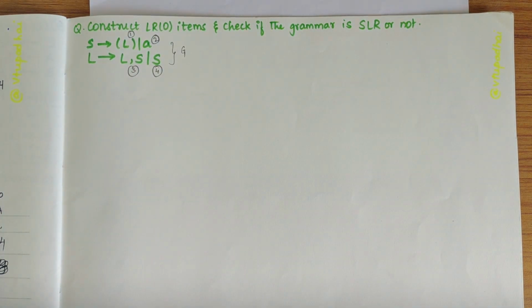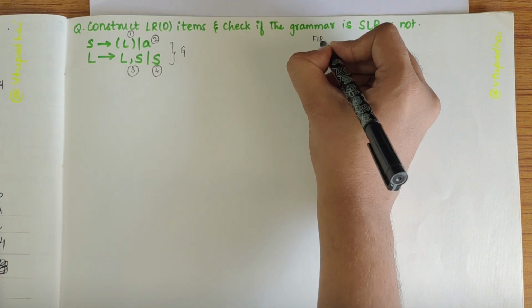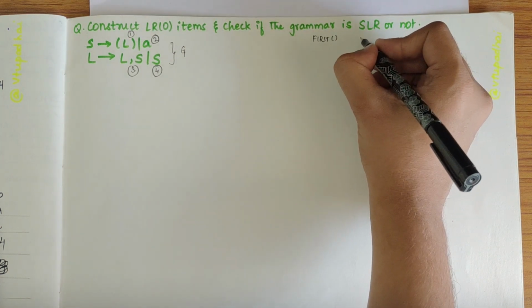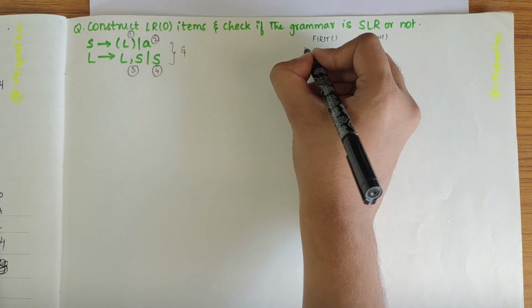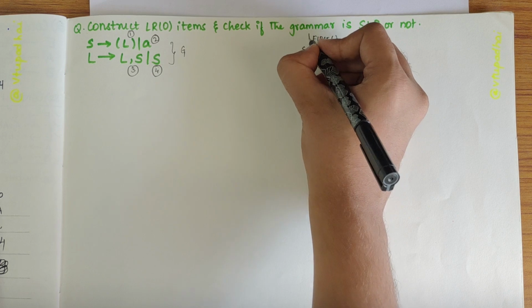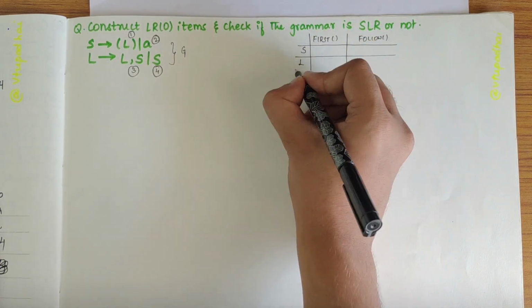Before I proceed to finding out the LR0 items, I should know the value of first and follow of the non-terminals. Here the non-terminals are S and L. So writing the first and follow values.